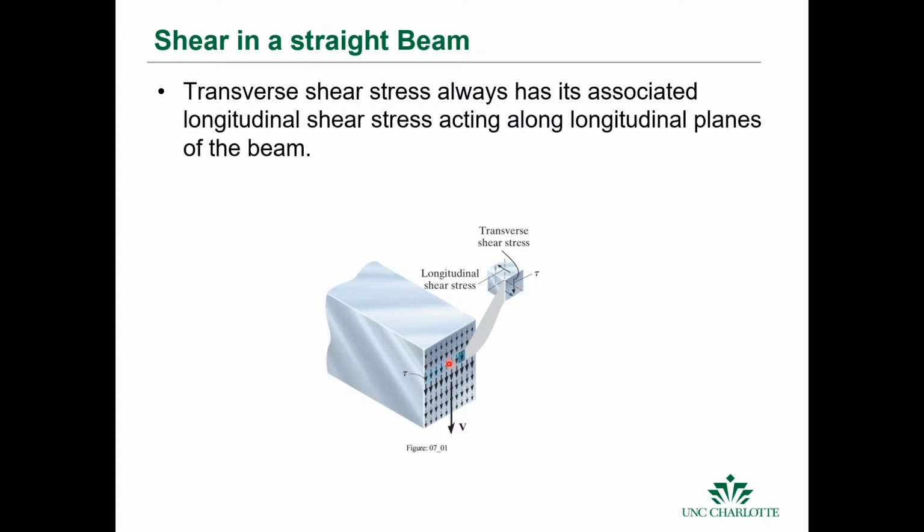And remember that the state of shear is actually on a point, but we do abstract it into a little cube. And if we have a shear in this direction, we have to have a shear that opposes that rotational moment, and we have to have an opposite direction there that opposes that force, because the object isn't accelerating, so the sum of forces and moments has to be zero. But there's also that transverse element.